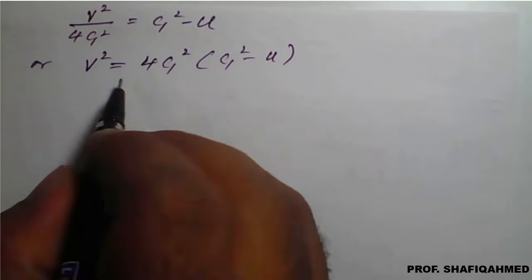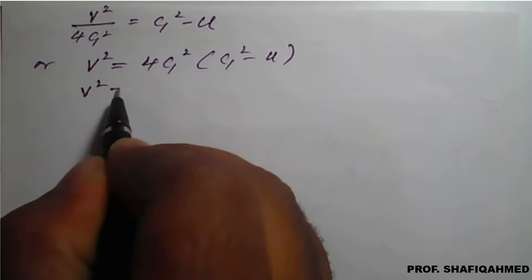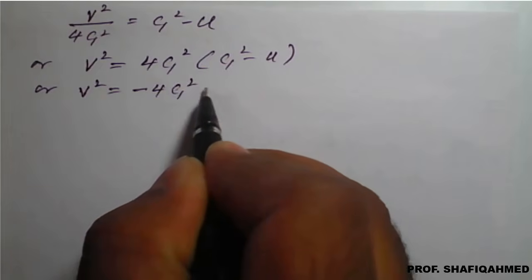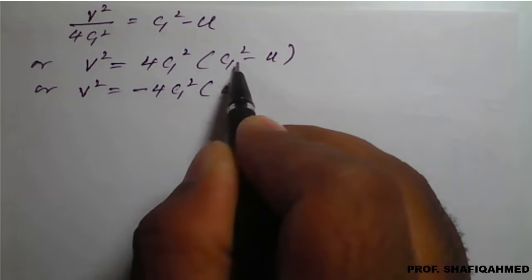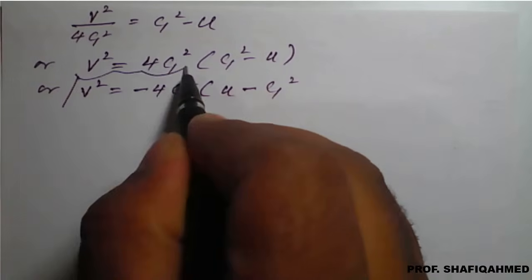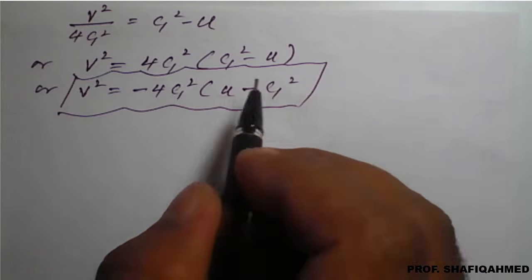Taking the minus sign common because I want u positive, v square is equal to minus 4 c1 square into (u minus c1 square). So this is of parabola form.